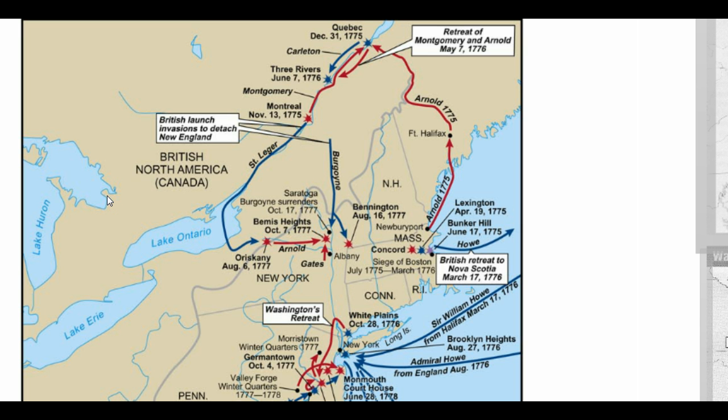So that's the British plan, and while it's not executed quite the way the British would like, you can see that along the coast, the British are going to take the major cities along the coast. All right, the Continental Army is in red, and the British Army is in blue here.